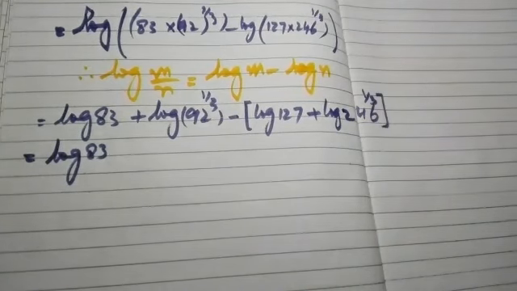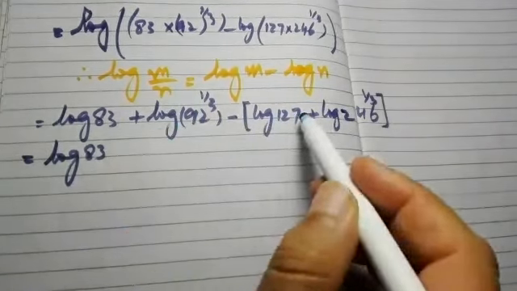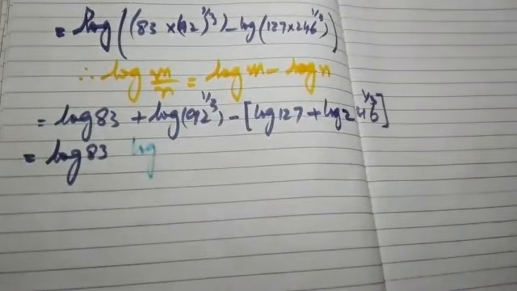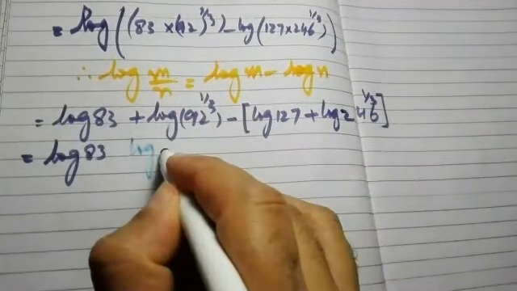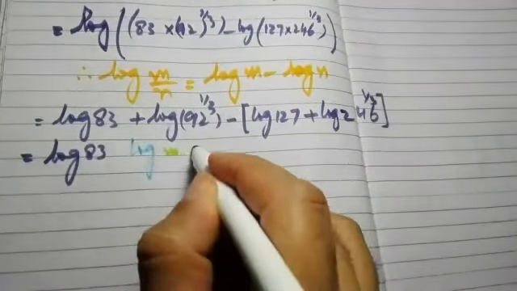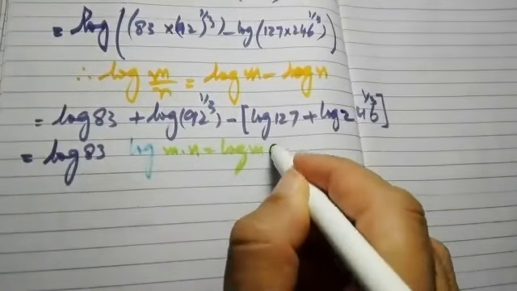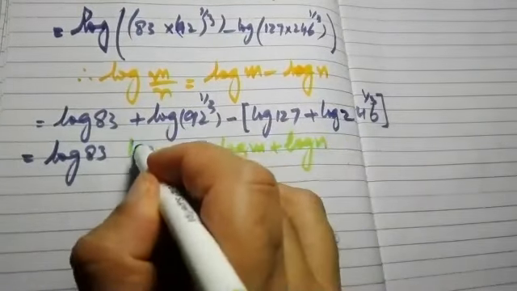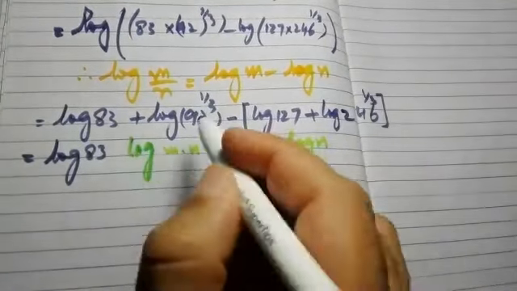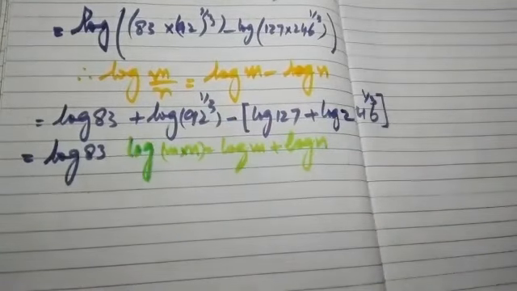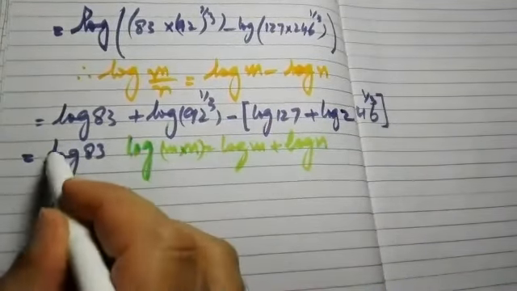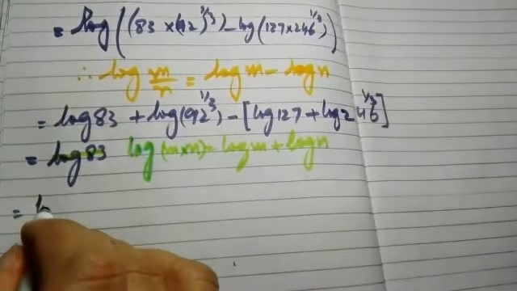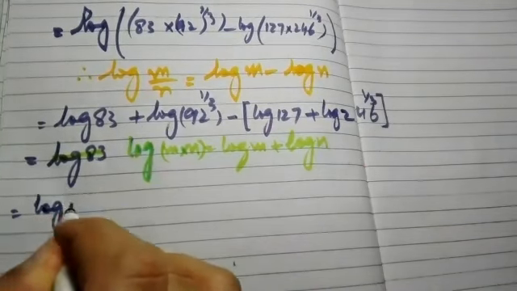This is because of the first law: log of m times n is equal to log m plus log n, because I have converted the product of two terms as a sum of the logarithms. So I will write it in the next step. So this will become log 83.